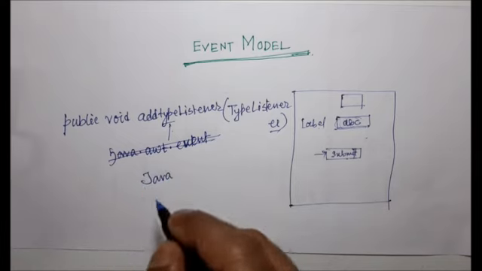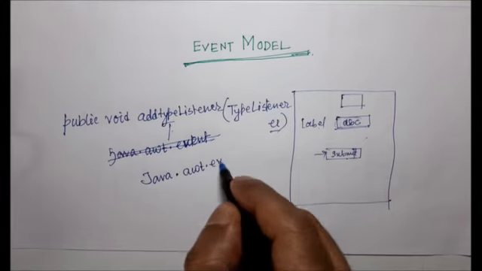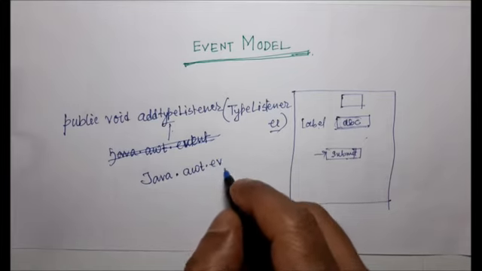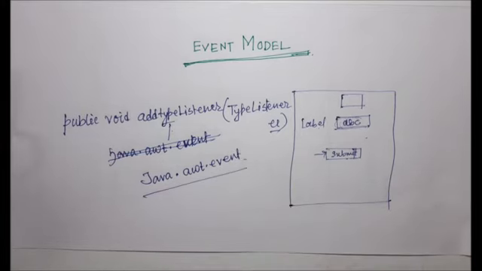Java, small letter, java dot awt dot event, right. For example, if I use the MouseMotionListener interface, it has methods to receive two notifications: one when the mouse is dragged, and one when it is moved. Any object may receive and process both of these events if it provides an implementation of this listener. So let me take some examples so that you can get a clear idea of what I am talking about.